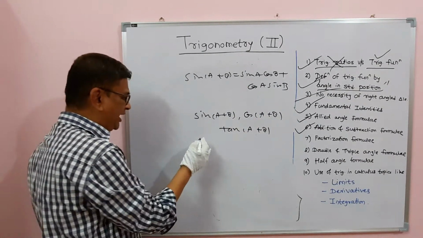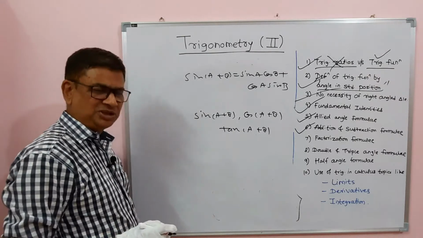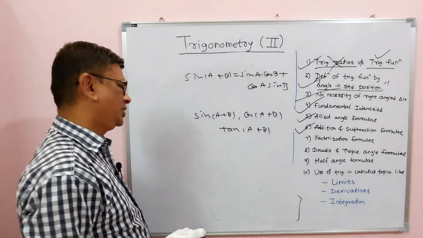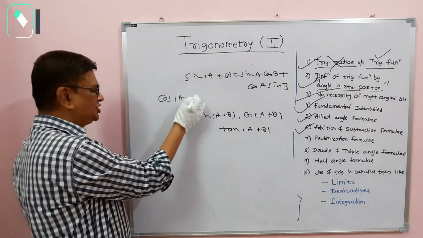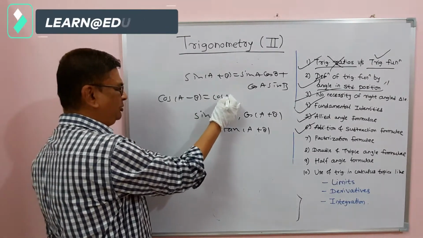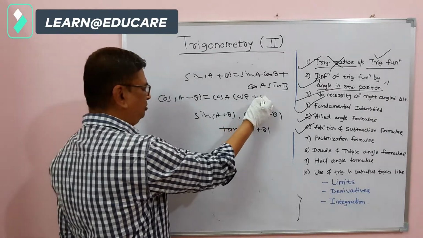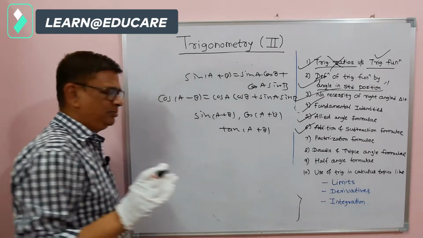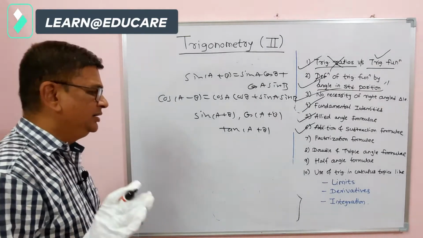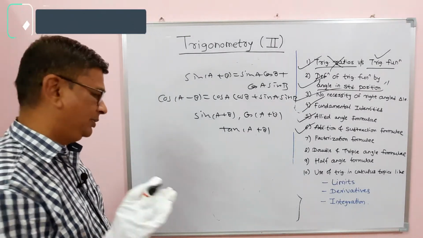If you deal with subtraction formulae, instead of a plus b, there is a minus b for subtraction formulae also there. I give example, cos a minus b is equal to such formula, cos a cos b plus sin a sin b. There are formulae for sin, cos and tan in case of addition and subtraction available.